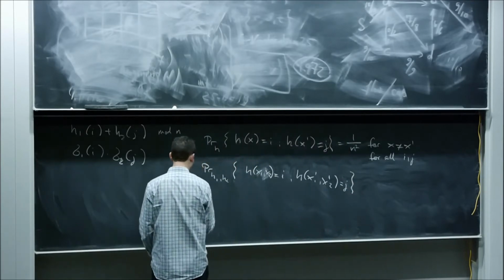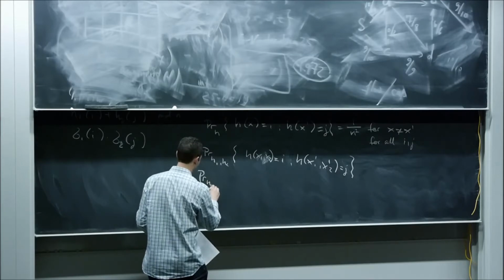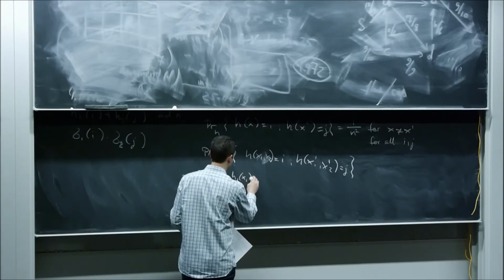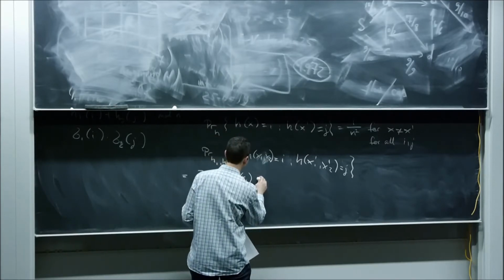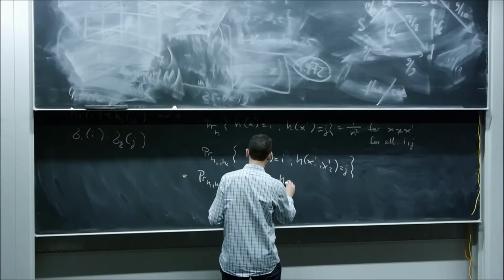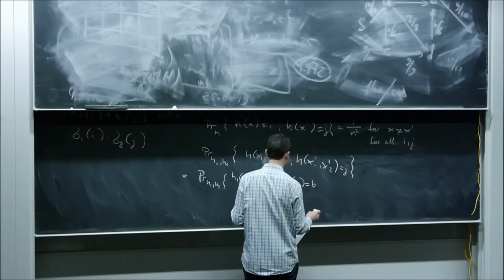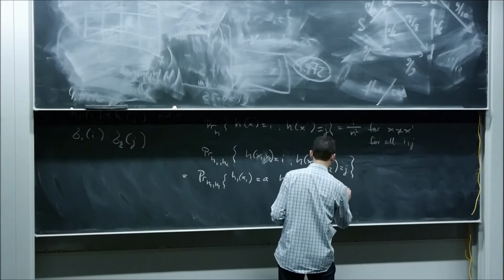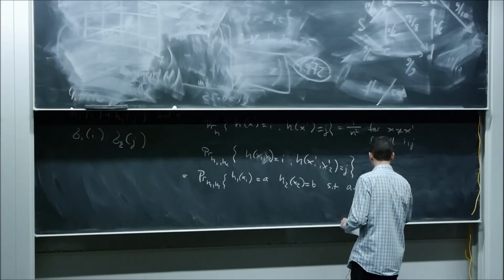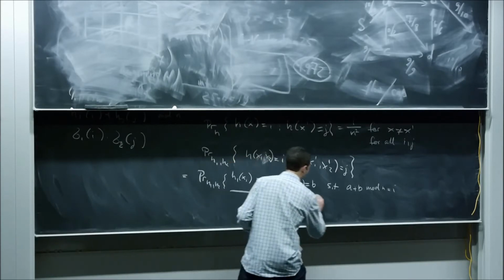Well, that equals the probability that for all these hash functions h1 and h2, that h1 of x1 equals a, and h2 of x2 equals b, such that a plus b mod n equals i, and then I get the same thing here for the primed quantities.